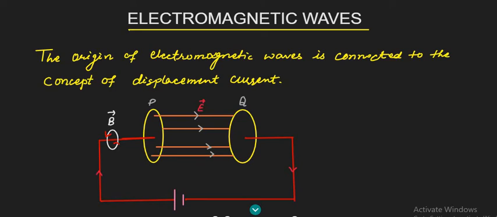If we put a small compass needle between these capacitors, placed in the gap between the two plates of the capacitor, obviously it will show a little bit of deflection here, and this deflection indicates the existence of a magnetic field.